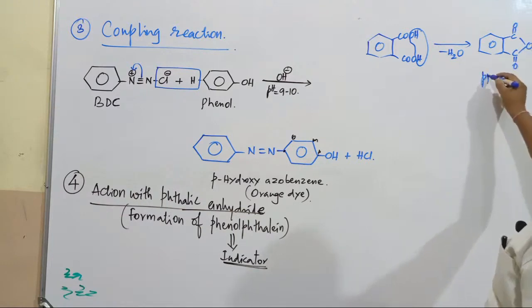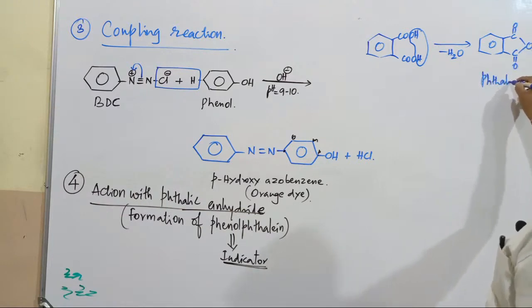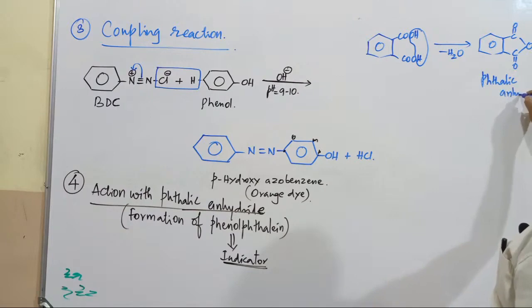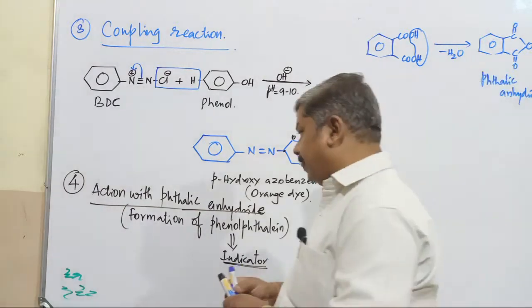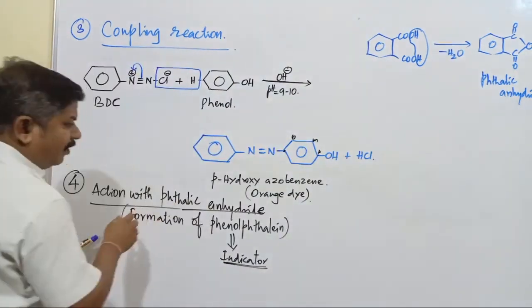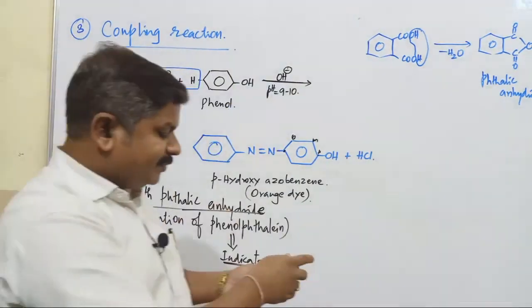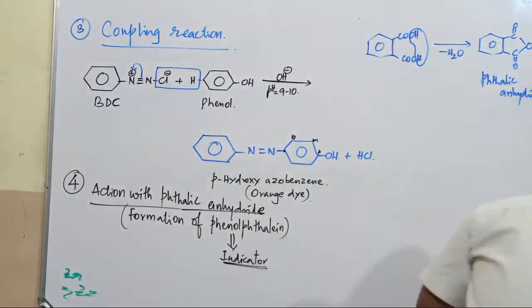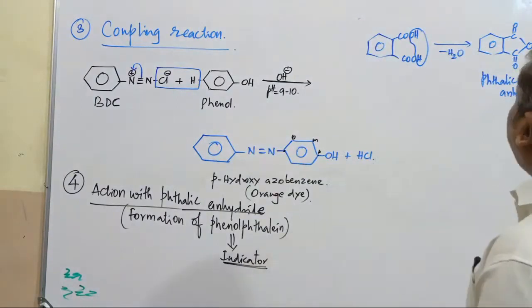So this compound is known as phthalic anhydride. Now here, how does this phenol react with phthalic anhydride? I explained that reaction only to show the structure of phthalic anhydride.